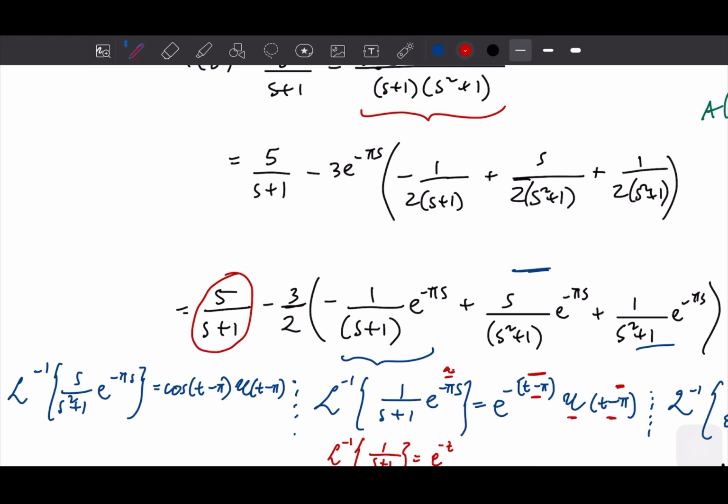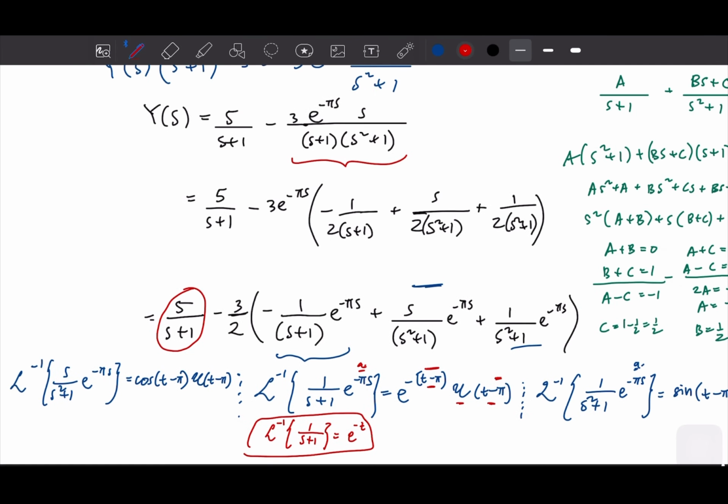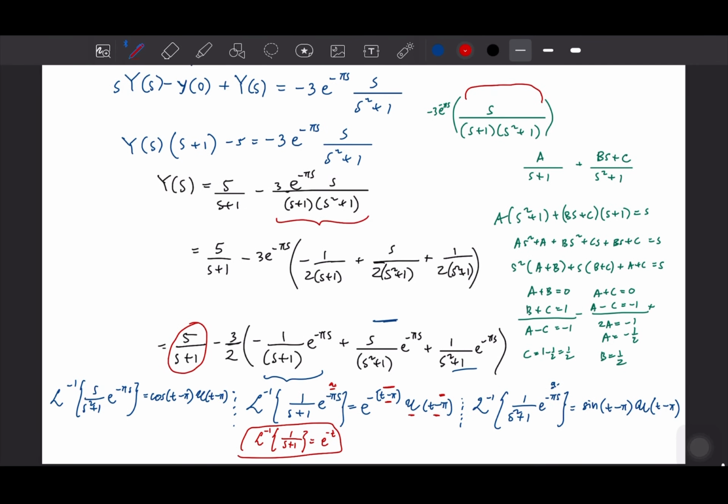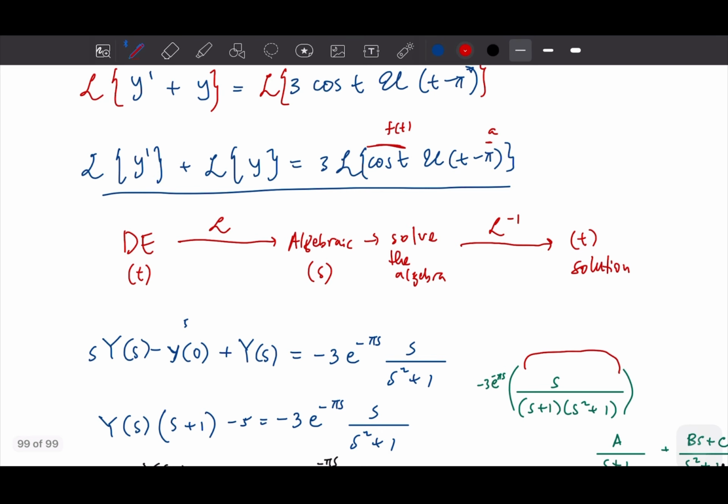Just s plus 1, similar with this. So we have the e, right? Okay, I will give that opportunity for solving this final structure to you. You could review from the very beginning how the Laplace works. Okay, the idea is the same. So you need to solve the DE, take Laplace, do the algebra, solve the algebra, take the inverse, okay, and that will be your solution.